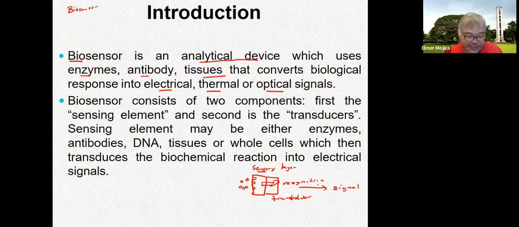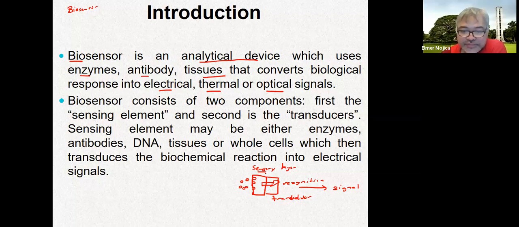Okay, so what is this signal? Usually it's a physicochemical signal: electrical, thermal, or optical. Since we are in electrochemistry in this course, we can look at the electrical, but we're going to discuss also the thermal and the optical signal. So the biosensor is composed of two components.